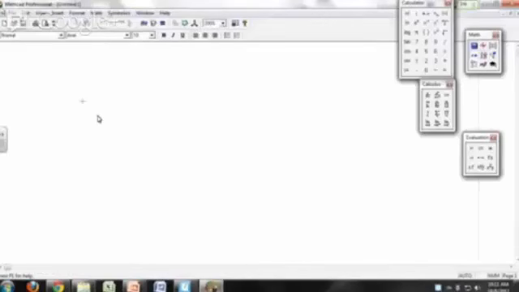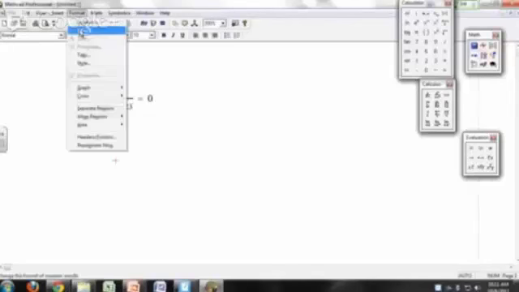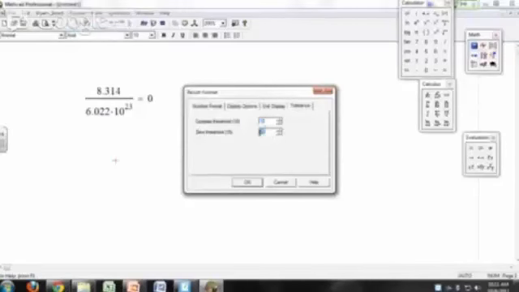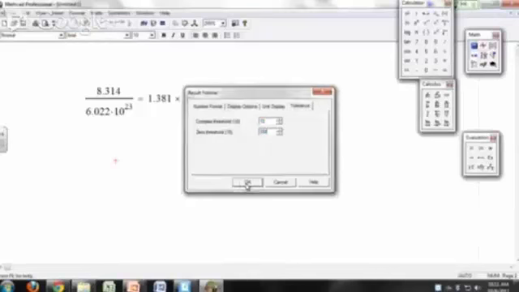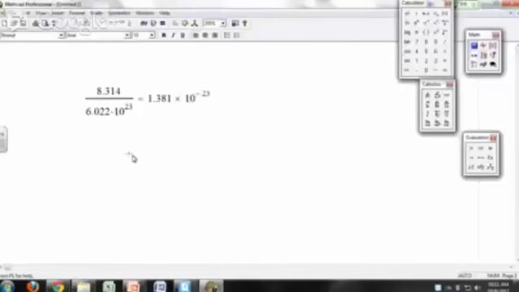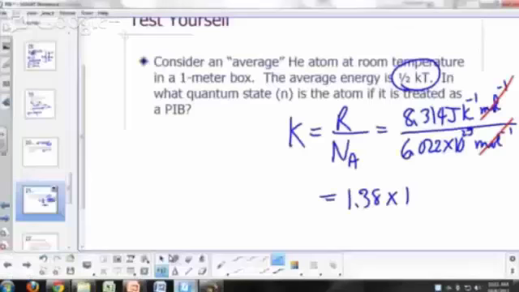So you have 8.314 divided by 6.022 times 10 to the 23rd. Okay, so it's 1.38 times 10 to the negative 23rd joules per Kelvin.